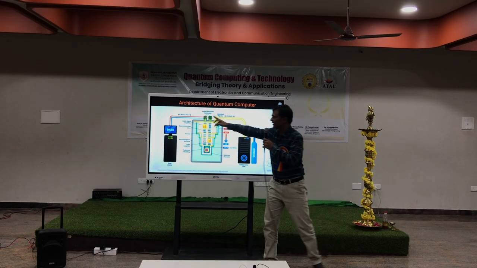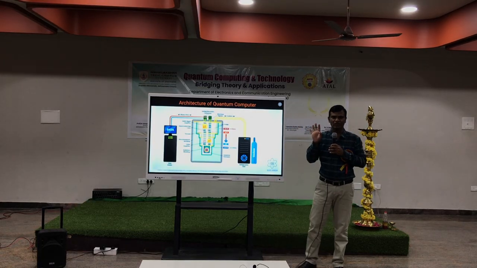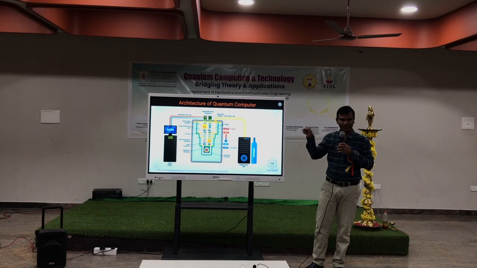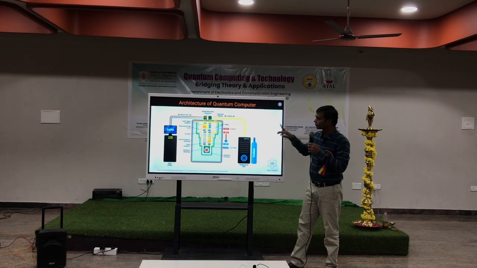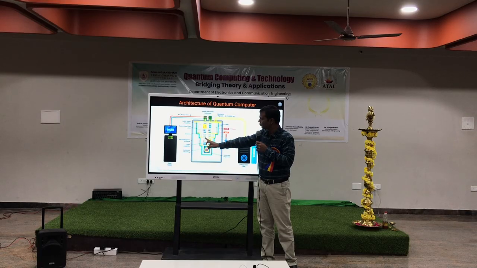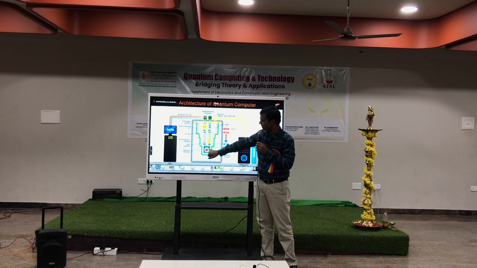This is the main area. If time permits, I will show you the different types of errors that we will be having in this quantum computer. Once encoding happens, it will be sent to various components, and this is the place where the RAM or quantum processor is there.